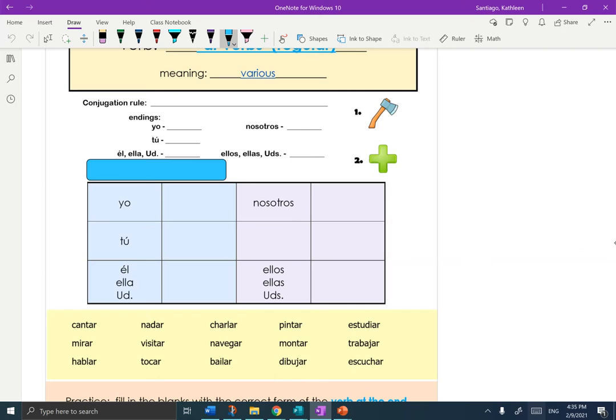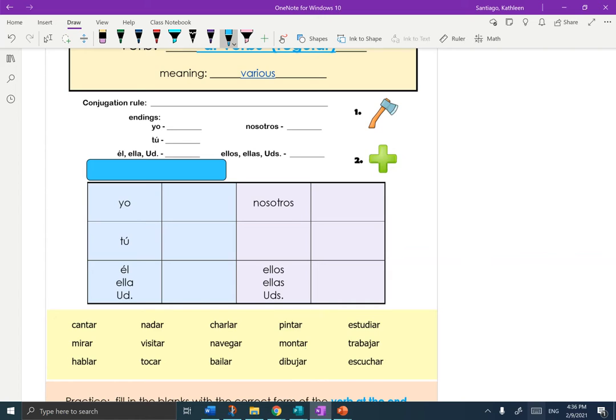So in the yellow box: cantar, to sing; nadar, to swim; charlar, to chat; pintar, to paint; estudiar, to study; mirar, to watch; visitar, to visit; navegar, to navigate; montar, to ride; trabajar, to work; hablar, to talk; tocar, to play; bailar, to dance; dibujar, to draw; escuchar, to listen to.